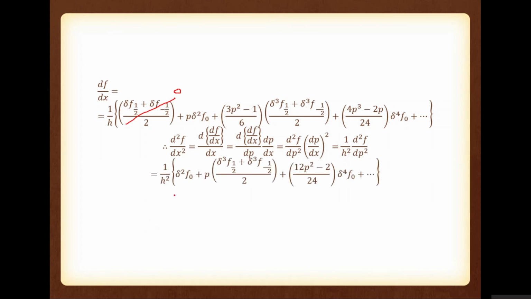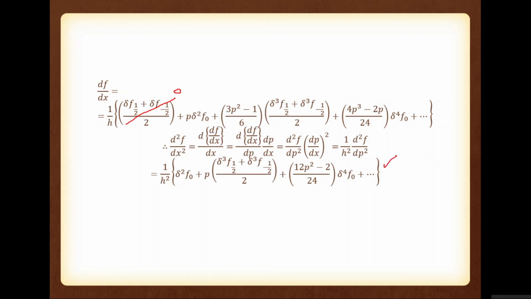So 1 by h square into delta square f0 plus p into delta cube f1 by 2 plus delta cube f minus 1 by 2 divided by 2 plus 12p square minus 2 divided by 24 into delta raised to 4 f0 plus etc. If you want, we can remove 2 from this expression. We can write it as 6p square minus 1 divided by 2. Well, if you want, you can write that. Okay, so this is d square f by dx square.